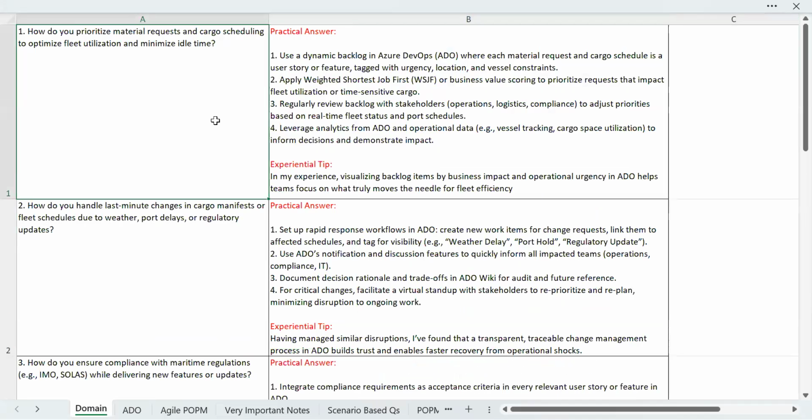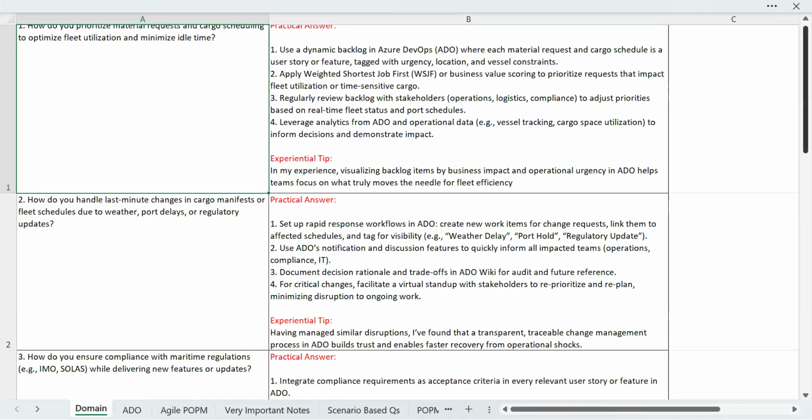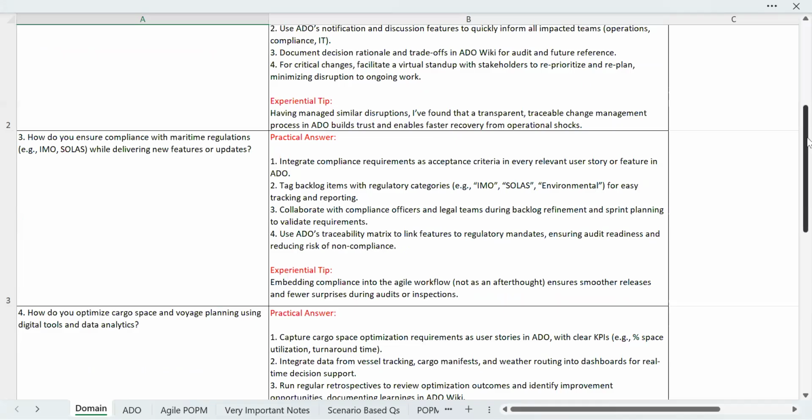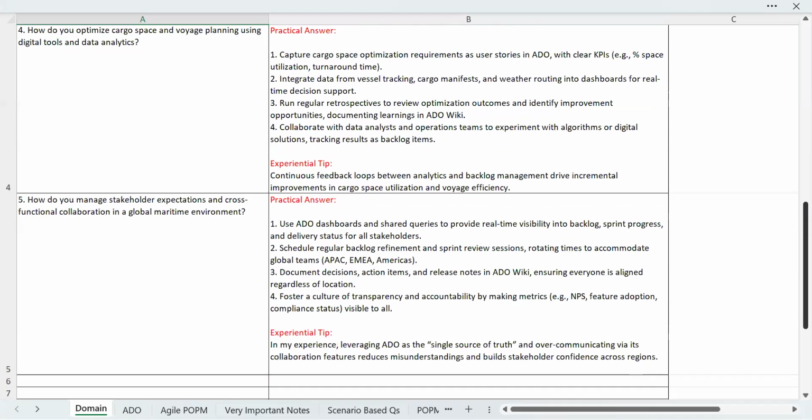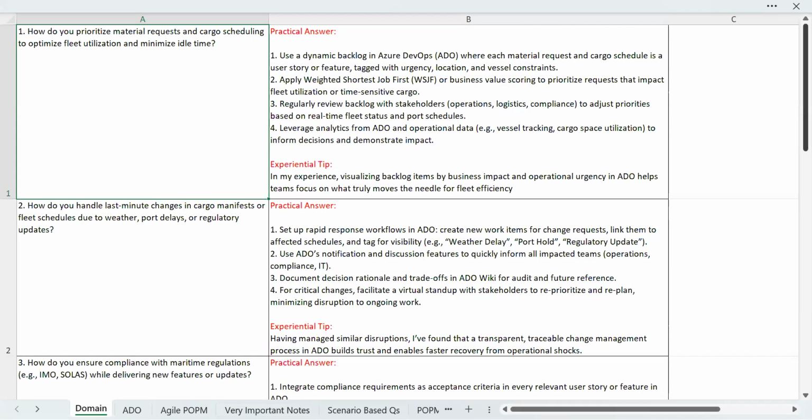Before we get into the nitty-gritties, the granularity and the subtle nuances of the sheet, let us invest some time in understanding the multiple tabs of the sheet in the first place. I have created a domain sheet which tells you that for this particular domain, JD, resume and cover letter, these could be the anticipated questions, and this could be a summary view of your answer.